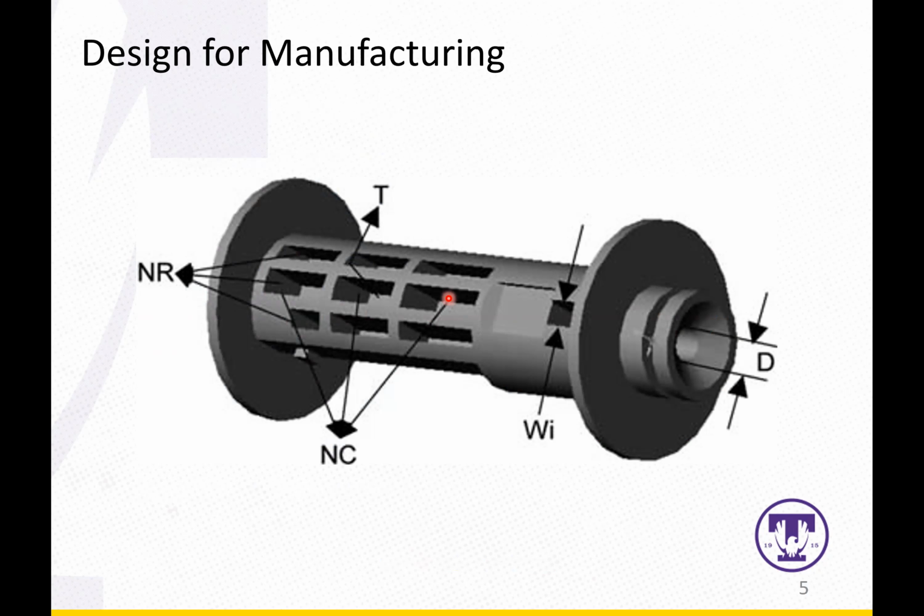For example, if this cavity is too small and there's no way to put your tool there, then it is not manufacturable. So all these examples suggest that when you have a certain manufacturing process, there are some limitations you need to consider, such that the part you designed can be manufactured successfully.